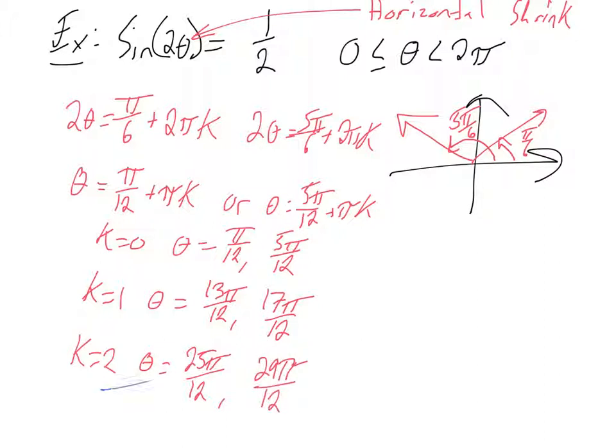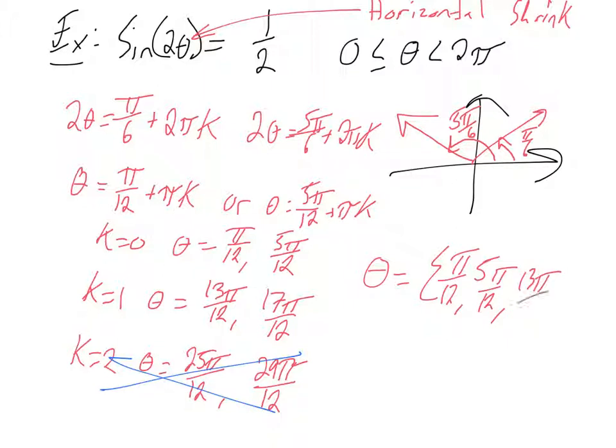No. So we've gone too far at that point, and so we know that the only 4 solutions for theta that are in this domain are pi over 12, 5 pi over 12, 13 pi over 12, and 17 pi over 12. So anytime we have a multiplier on the inside of our sine here, we have to remember we're going to go ahead and find the general solution, right?